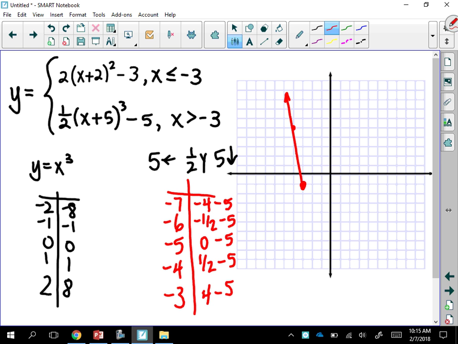So we have -7, -9, so it's going to be down here. Then -6, -5.5. Then -5, -5.